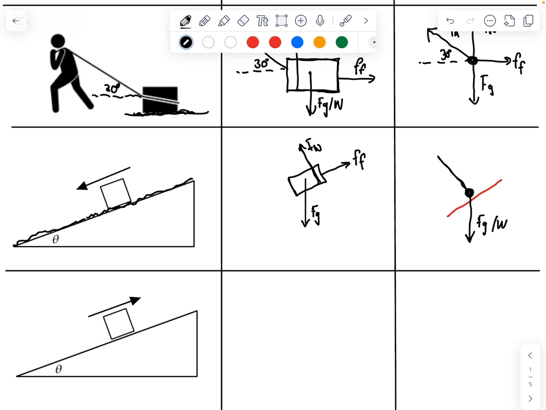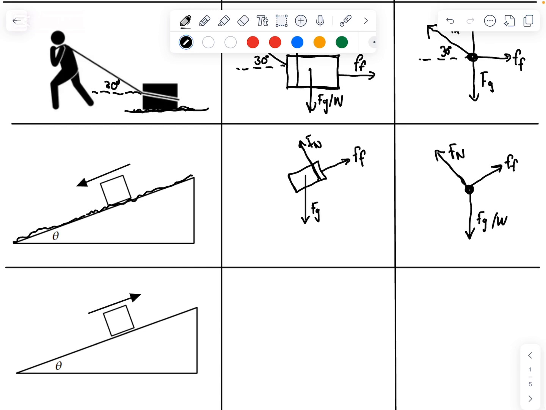So here is my normal force. I'm sketching it perpendicular to the surface. And then we also have frictional force, which is the force that opposes the motion of the object. Then from here, I'm going to erase this surface. Okay, and this is my free body diagram.